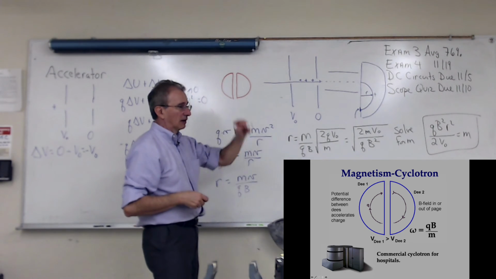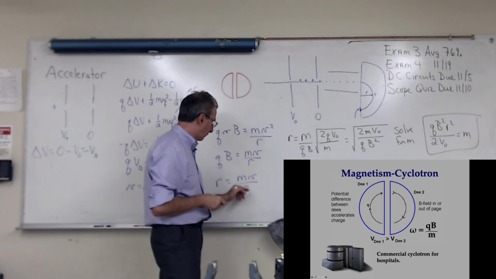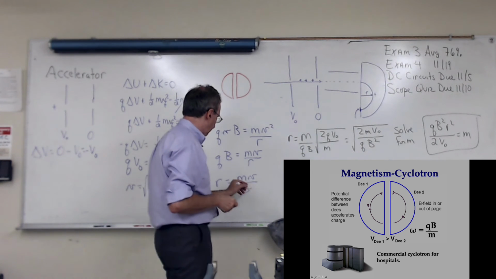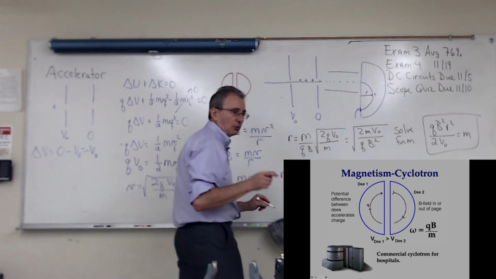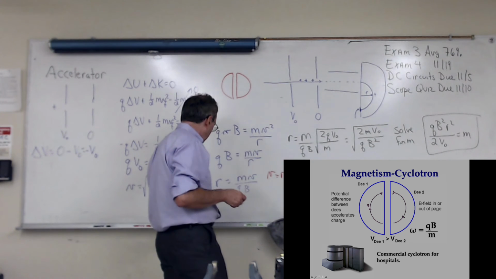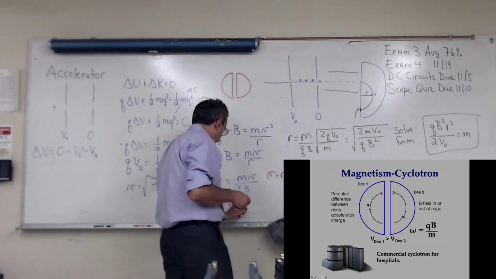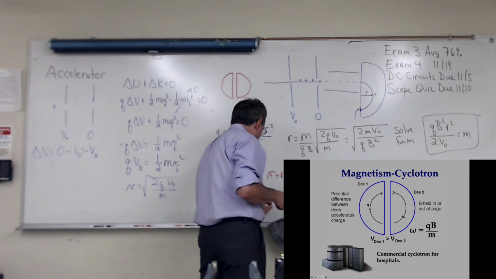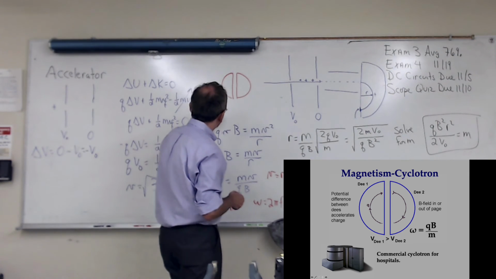So basically it spirals outward as it circles. Okay, this stays constant. Remember, omega, V is our omega. So we can solve this for omega. And omega is 2 pi times the frequency, so we can actually solve this for the frequency.